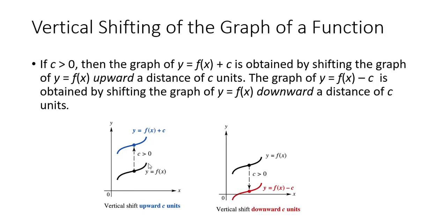So if this is my graph, y is equal to f of x, the graph of y is equal to f of x plus c is simply shifting the same exact graph up c units.